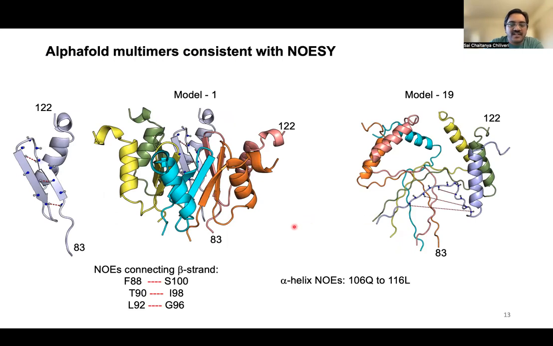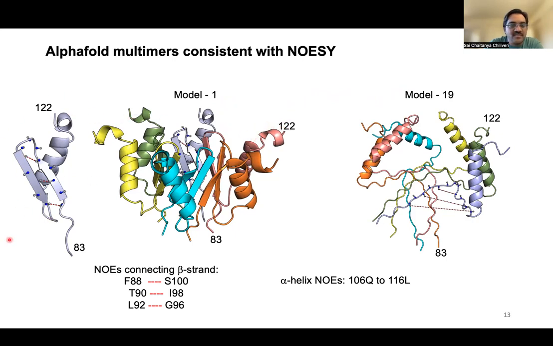We generated AlphaFold hexameric structures, which resulted in about 25 models, and all the structures are quite different from each other. So we asked if we can pick the right structure that is consistent with our NOESY experiments, so that we can select a few structures and exclude the structures that are inconsistent with the NOESY experiments.